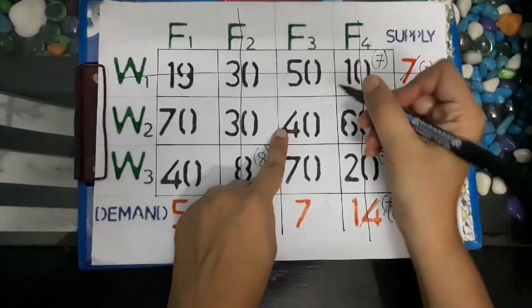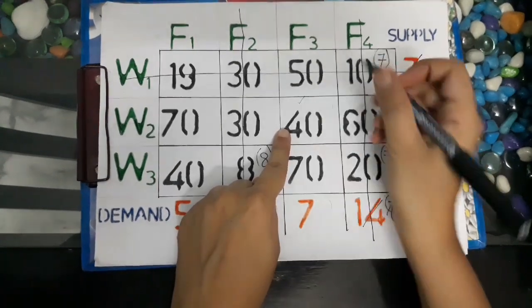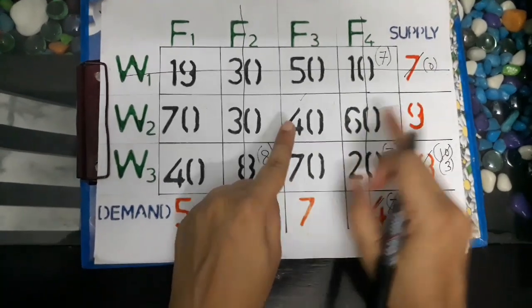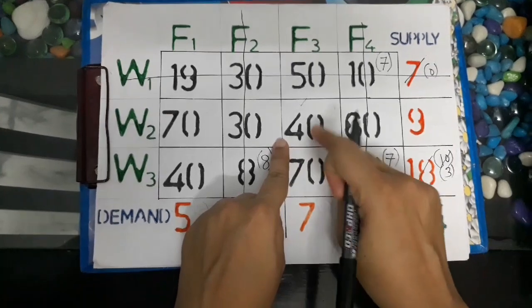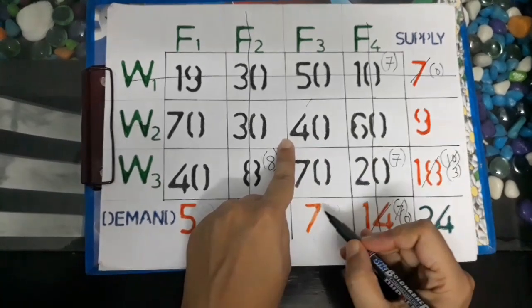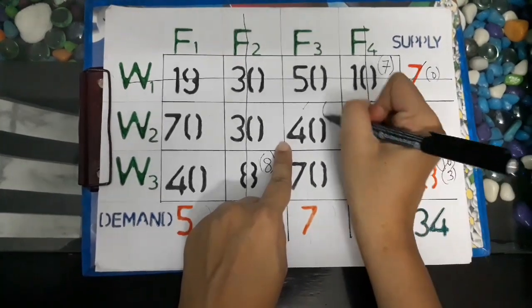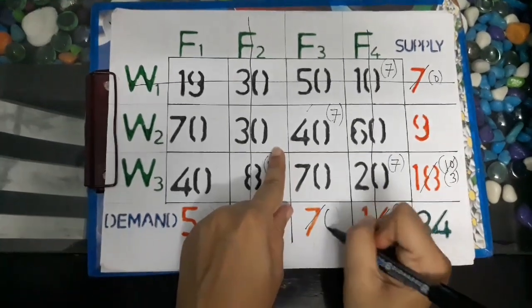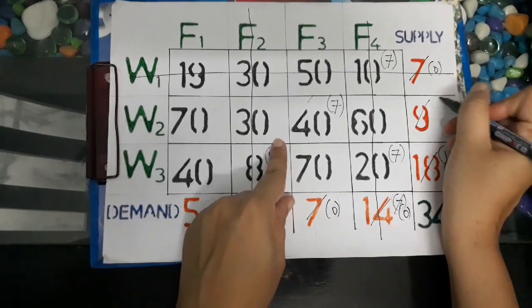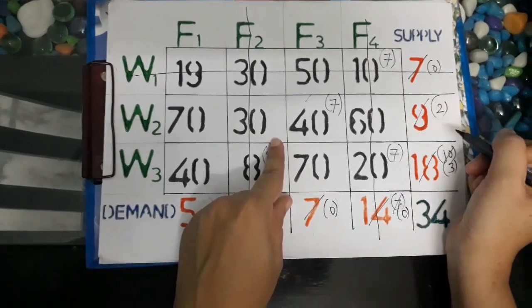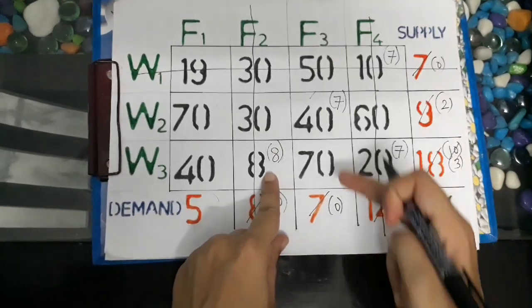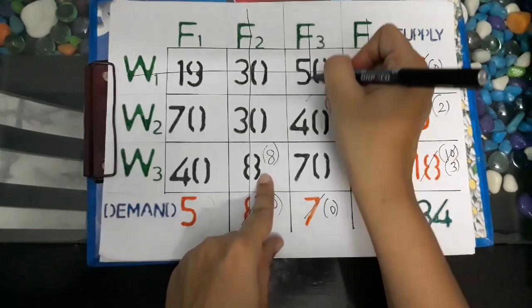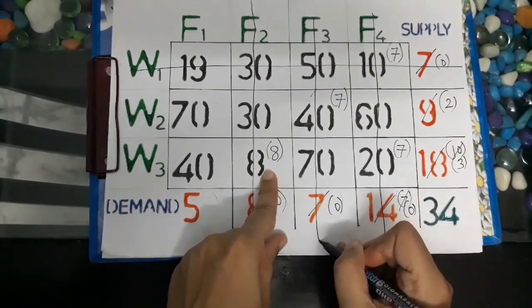So we will take this entry because we want to allot maximum units to minimum cost. So now minimum of 7 and 9 is 7. So we allot 7 over here. This becomes 0 and here 2 units are left. Since the demand of F3 is now 0, so we cancel this column.